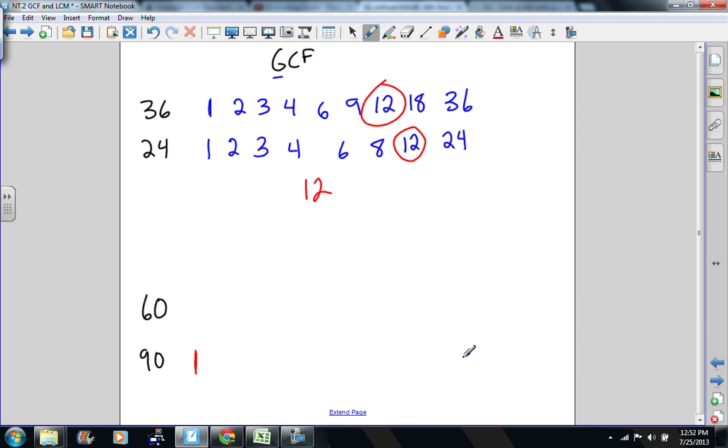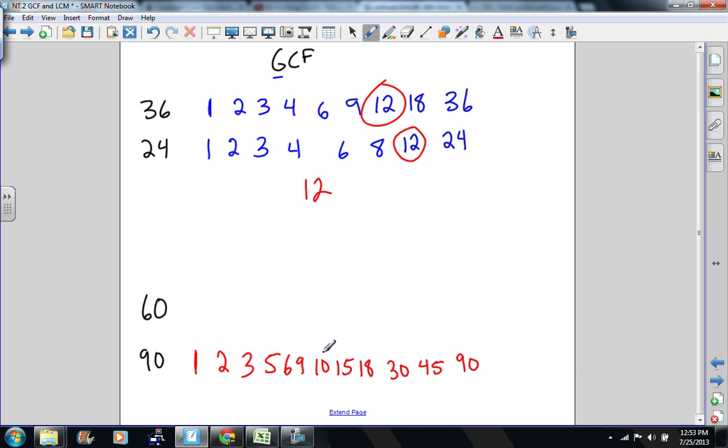And I'm going to go 1 and 90. 2 and 45. 3 and 30. 4 won't work. 5 does, though. 5 and 18. 6 and 15. 7 doesn't work. 8 doesn't work. 9 does, though. 9 and 10.